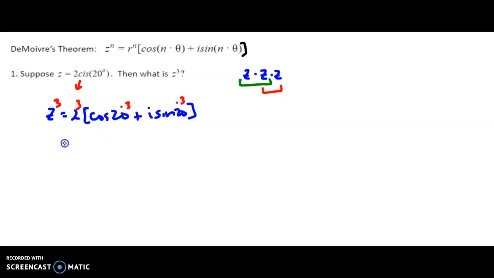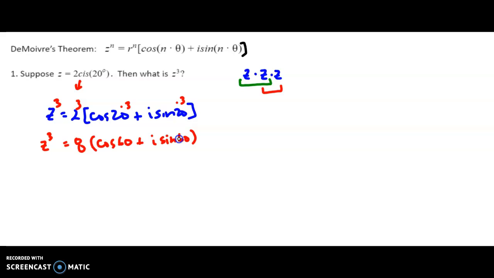So really what I end up with is, and you can evaluate this right here if you want, that's going to be 8, that's z to the third, 8 times cosine of 60 plus I times sine of 60. And at this point, you could leave it like this, all right?